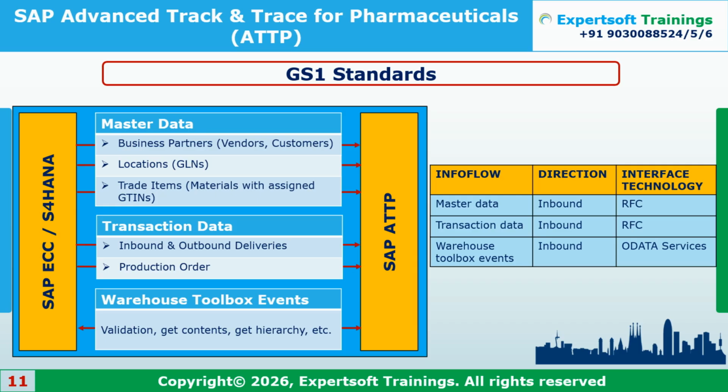Even the warehouse toolbox events communicate in a way with GS1 standards. So technically, ATTP will understand certain key fields only in terms of GS1 standards. Let's say if you give a wrong GLN, which doesn't have a company prefix defined in our system, it will not allow you to create those GLNs.